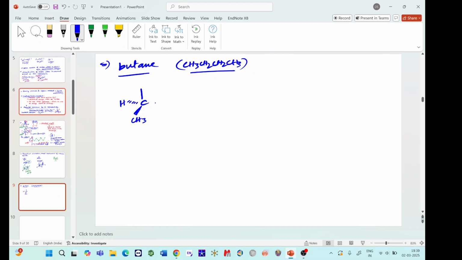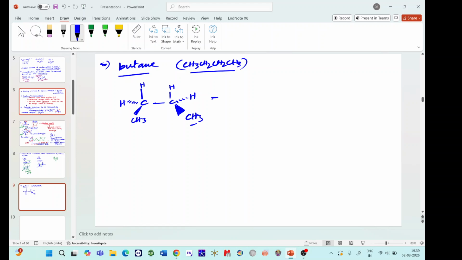This you can also consider as Sawhorse notation. I guess you already have the idea that the solid lines are up from the plane of paper, and the dotted or dashed lines are below the plane of paper.